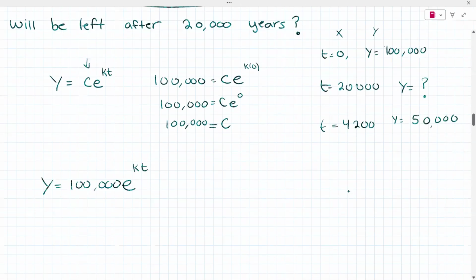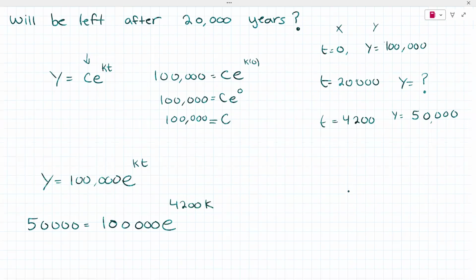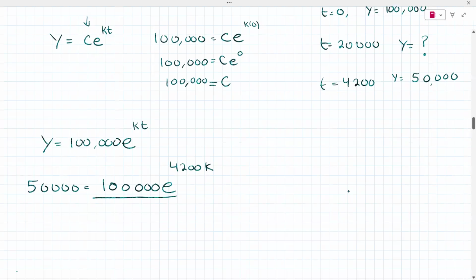Okay, so now what we're going to do is find our k value by plugging in this value. So my y value would be 50,000, and our time was 4,200. So it'd be 4,200 times k, which is 4,200k. Okay, so go ahead and solve for k. So divide this by this amount.